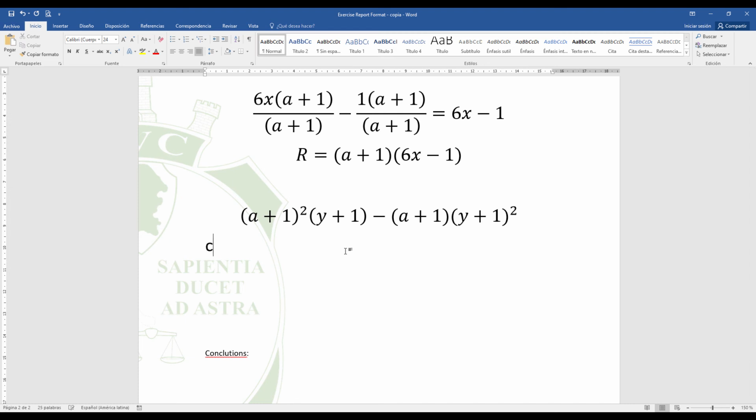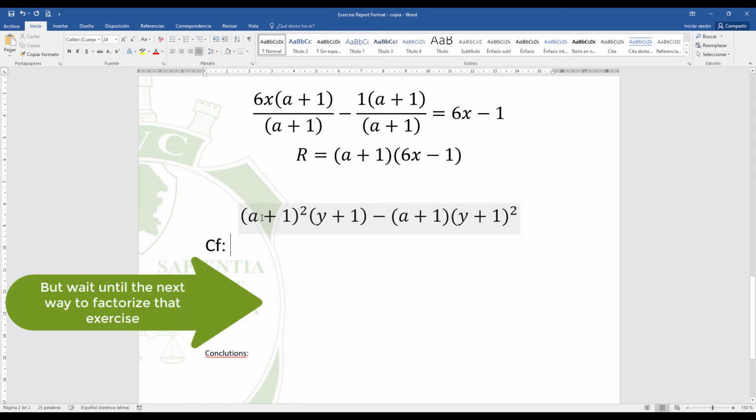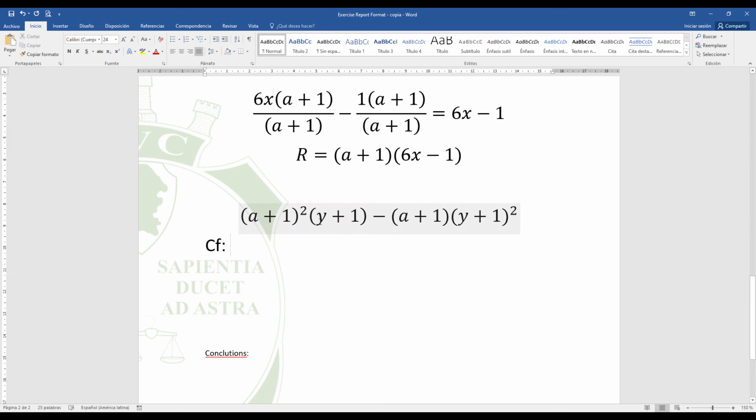So here, common factor here. If you look here, it can be that because it exists here and here, but it can be too that because it exists here and here.